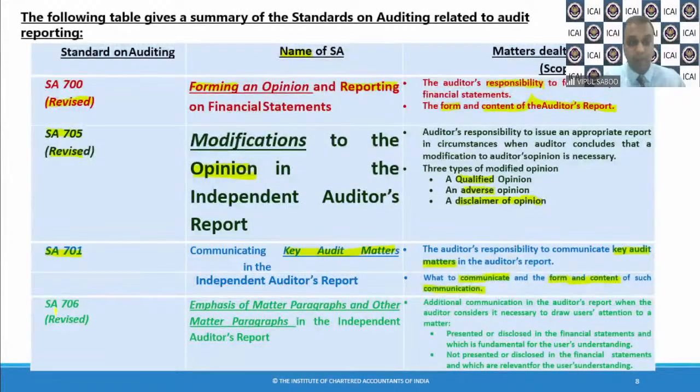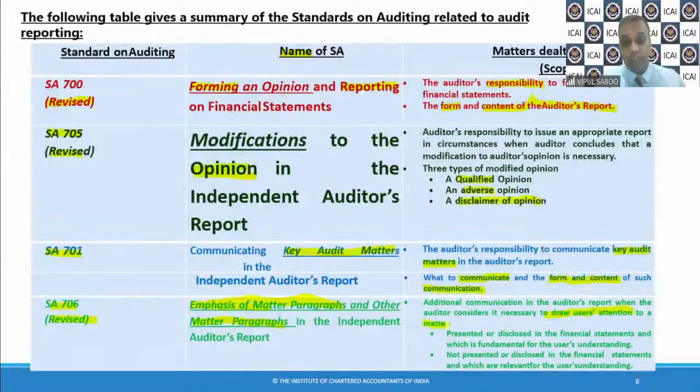Then, as we have read, SA 706 revised, emphasis of matter paragraph and other matter paragraph in the auditor's report. This is something which is additional communication. When the auditor finds it necessary to draw users' attention to a particular matter, then these come into action.